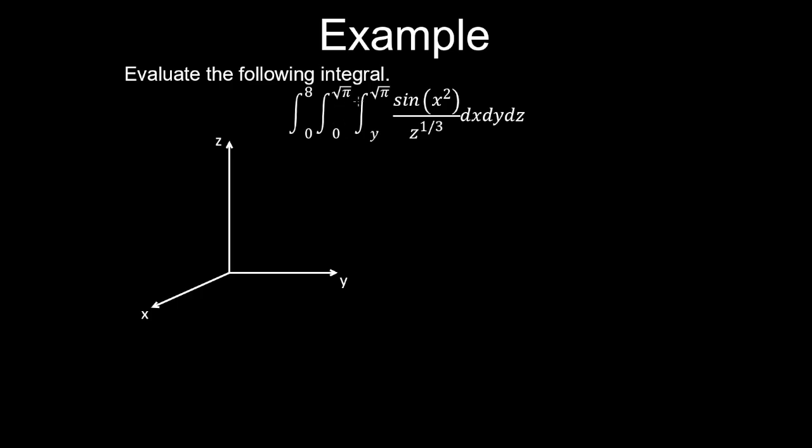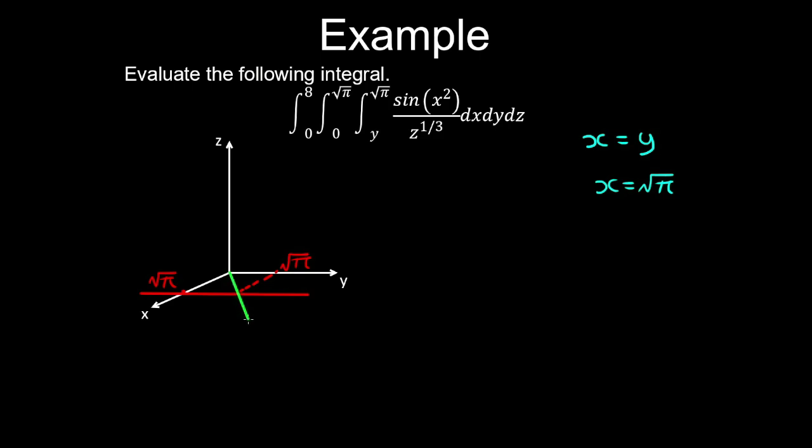Let's evaluate the following triple integral. So first we're integrating over x from x equals y to x equals root pi. So we have x equals root pi somewhere here. And we can draw in our line x equals y by taking y is equal to root pi.